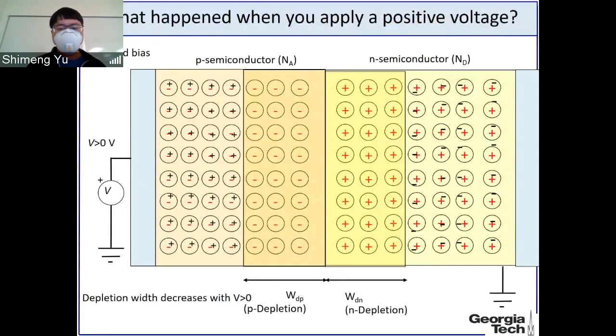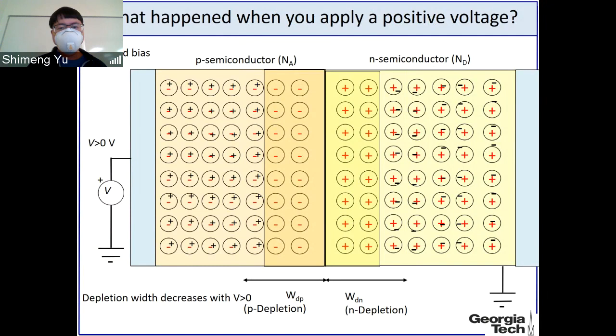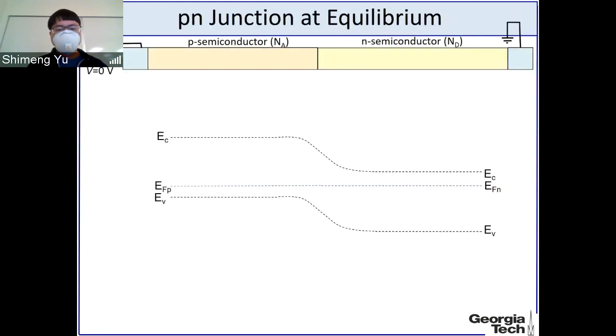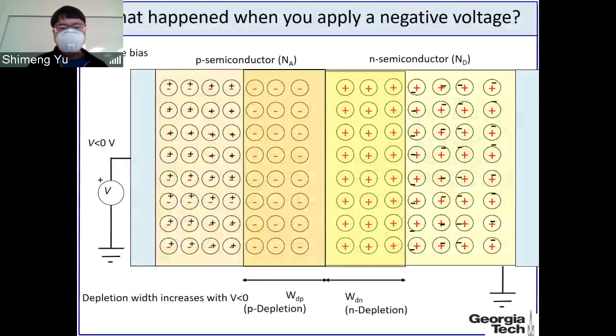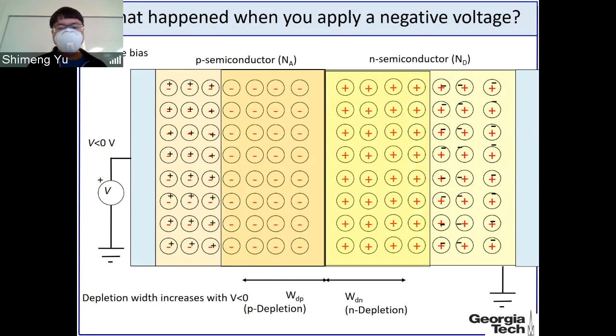This is forward bias. We apply more voltage, then you will have less depletion width. And for the reverse bias, when we have more negative voltage, then you have larger depletion width.